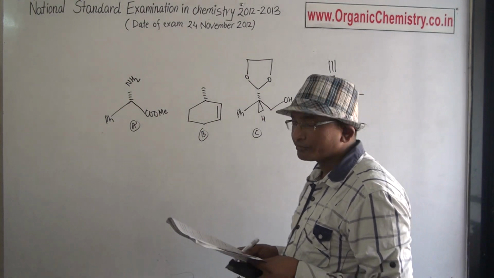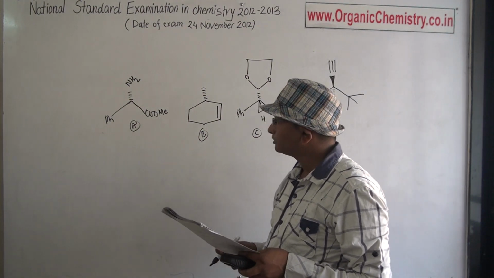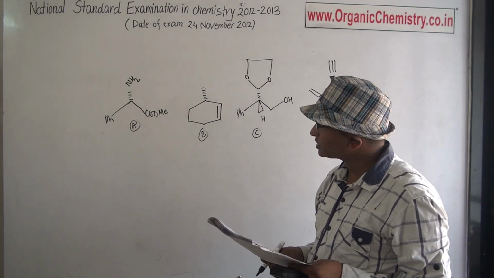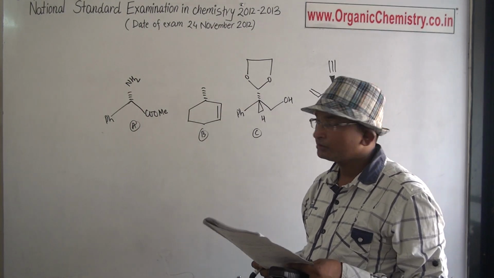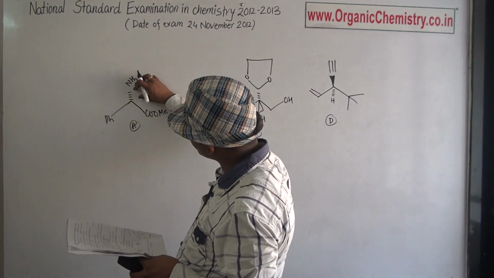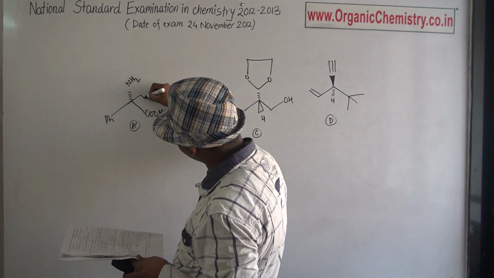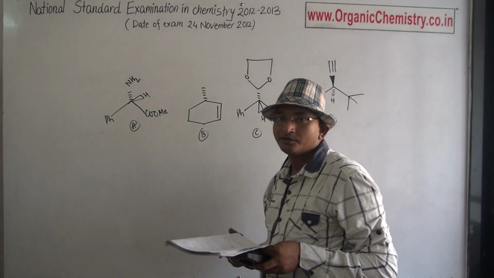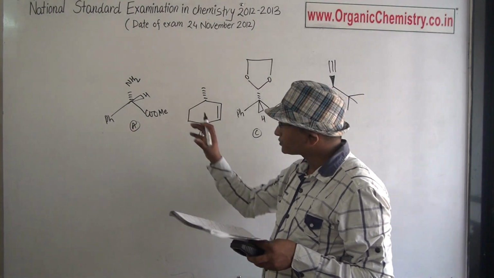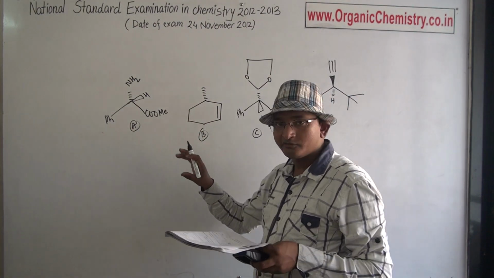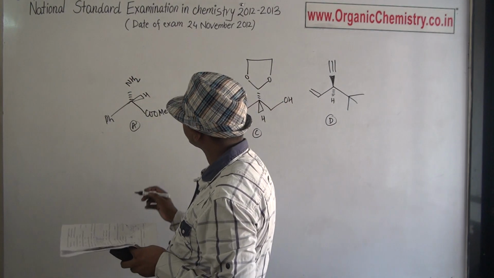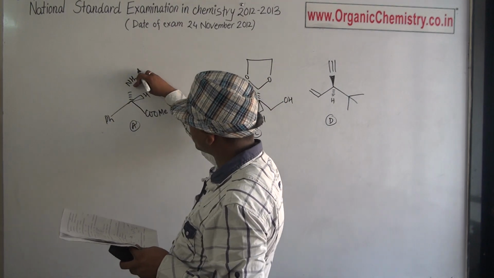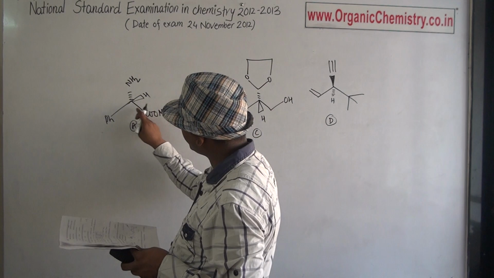To find out the R configuration, follow the CIP rule, which is based on priorities by atomic number. As the lowest priority group H is above the plane, the observed configuration will be inverse. So this is first because it is attached with nitrogen, this is second, this is third.